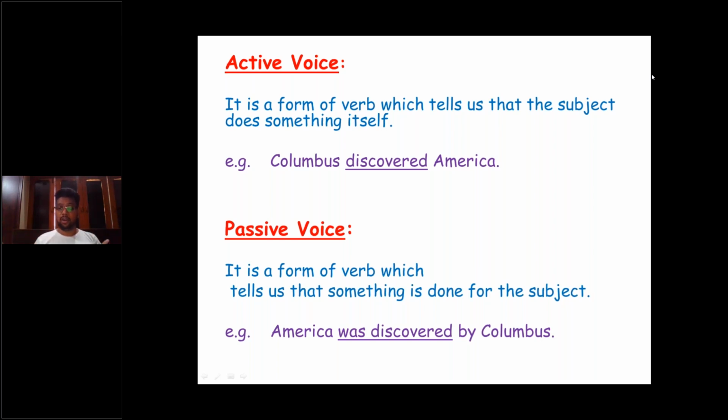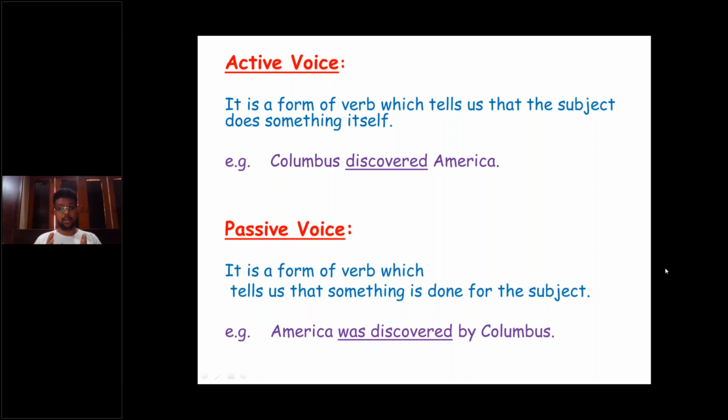In the passive voice, the focus is laid upon the object. Vice versa. Interchange. So how do we say it? America was discovered by Columbus. Here, focus is laid upon America.